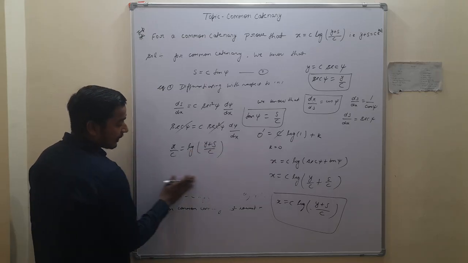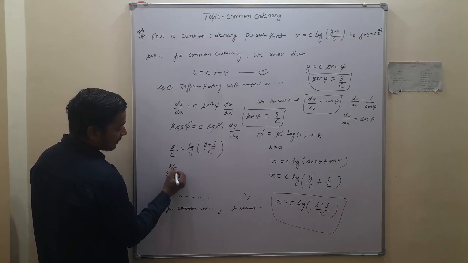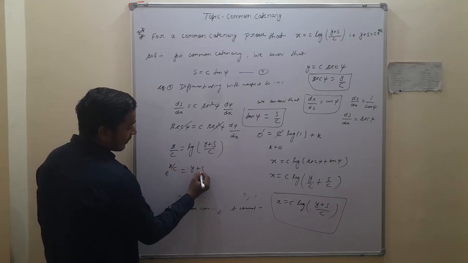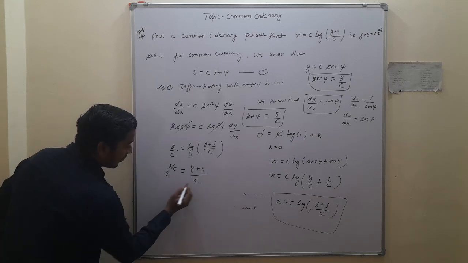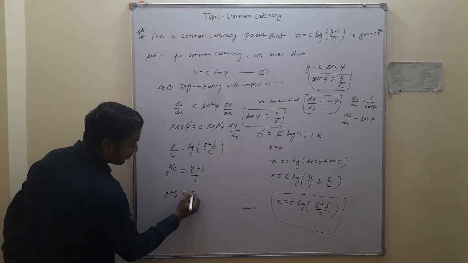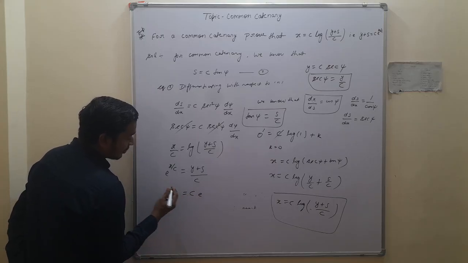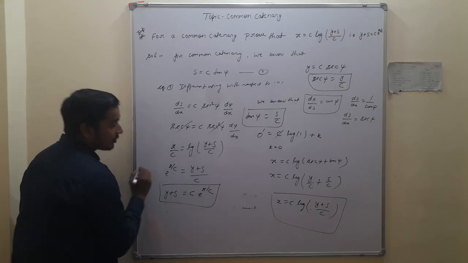Taking the log into exponent form, e to the power x by c is equal to (y plus s) upon c, and by cross multiplication, y plus s is equal to c into e to the power x by c. This is the required solution of the given problem.